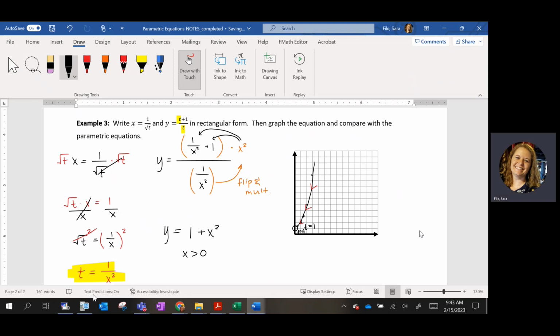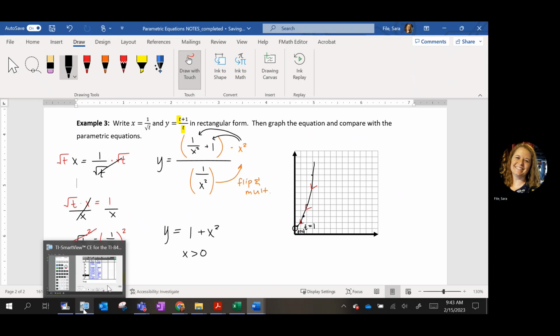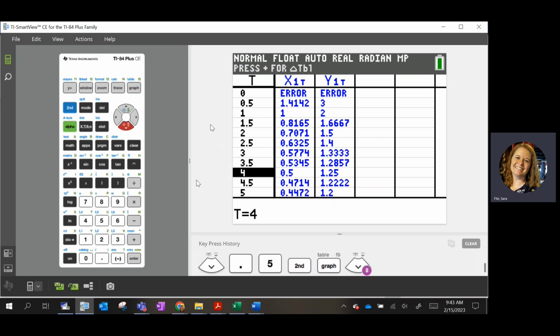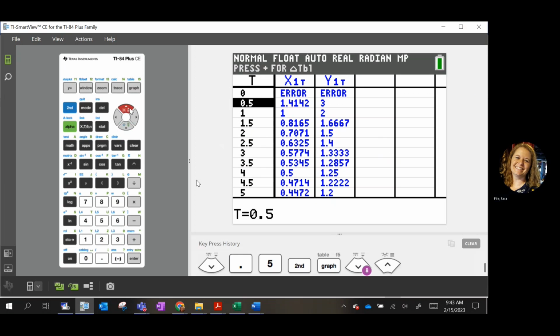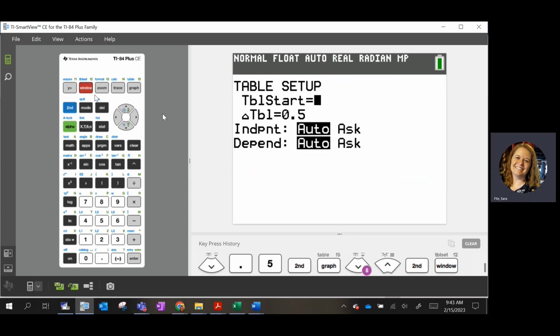Okay, and we can get the end of it. Where exactly is the end of it? Where should that be? Because we know that t is never going to be negative and it's not going to be 0, right? So we could try and get real small. Right now, the smallest we have is 0.5. Let me change that.